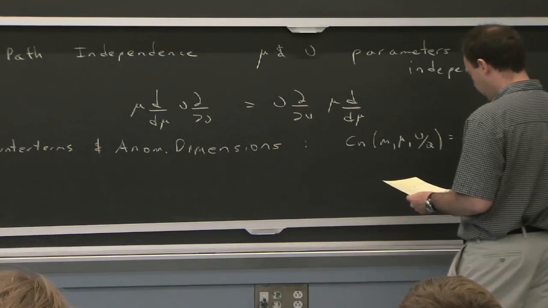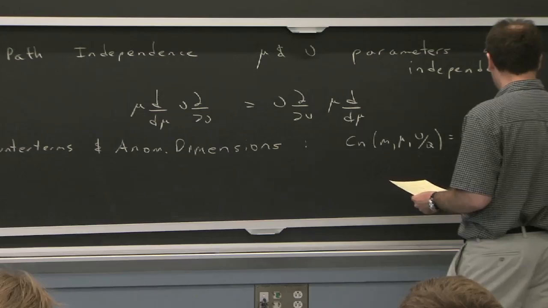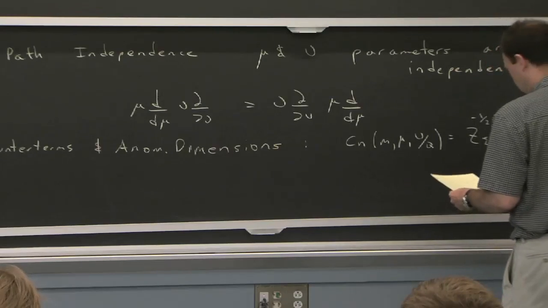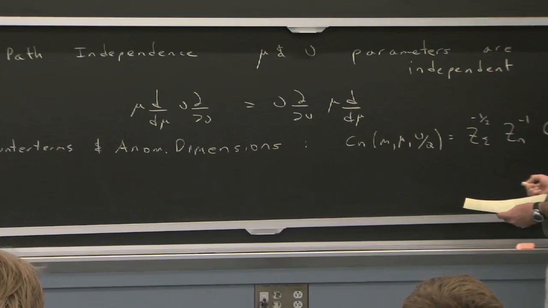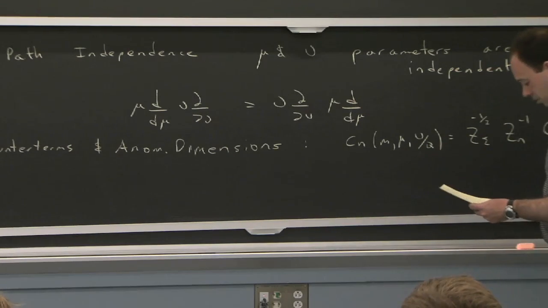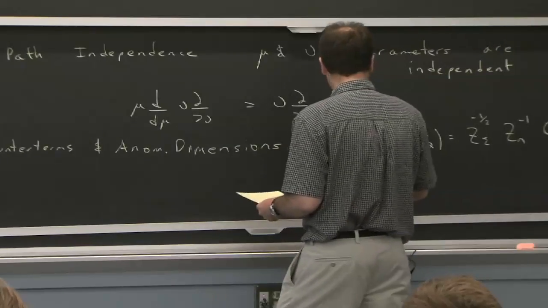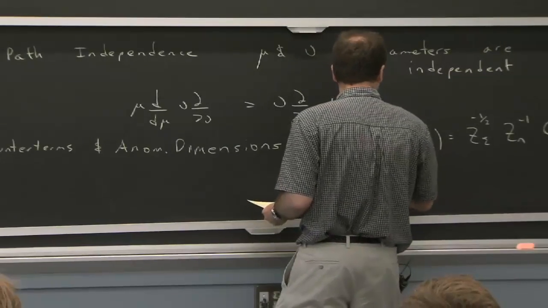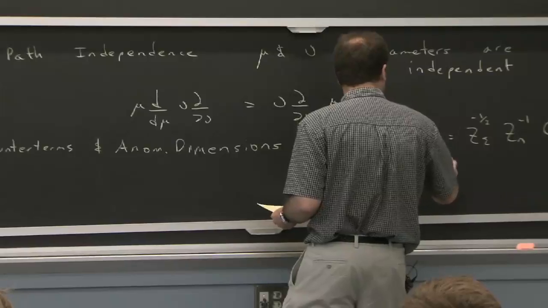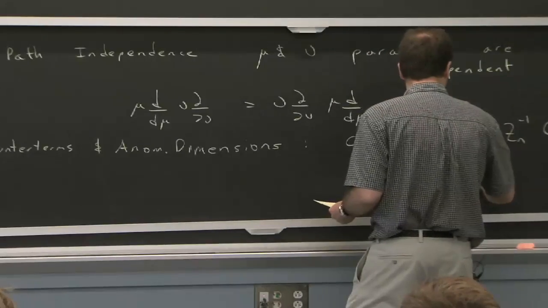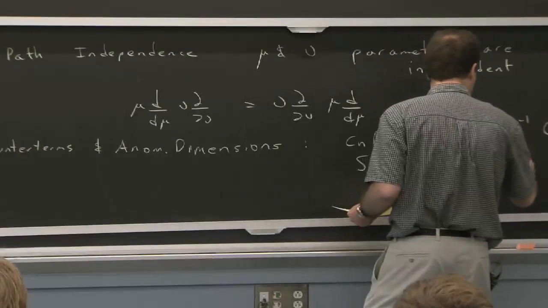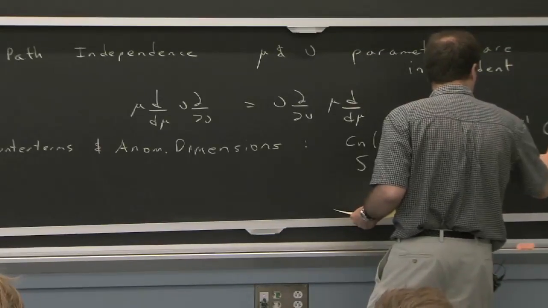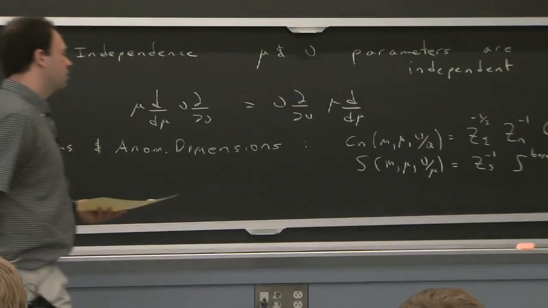So there's some wave function renormalization factor, and then there's some renormalization for the operator vertex. And together those two things will take us from the bare to the renormalized. And likewise for a soft guy. In this case, we just have Wilson lines, so there's just a renormalization of the object.